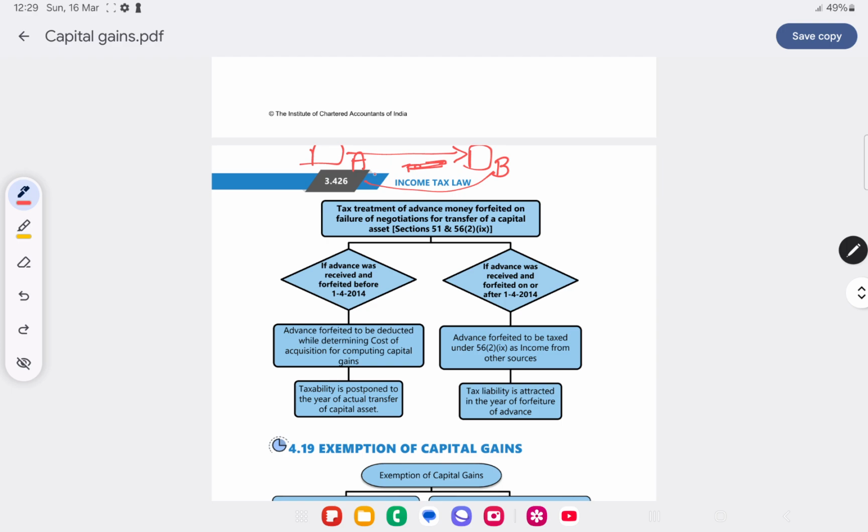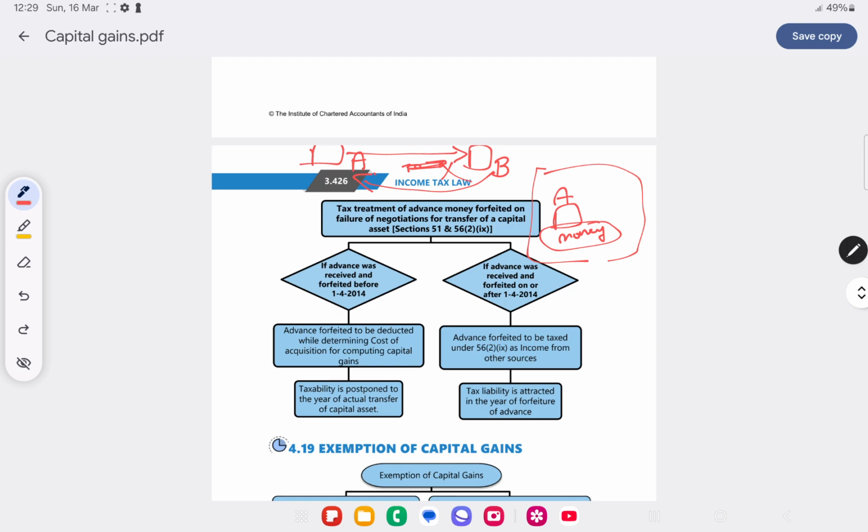A has taken some money from B. This is the tax treatment of advance from failure of negotiation. Now the agreement has failed, and A forfeits the amount. So A has a capital asset, A has money received in advance, and A forfeits that money. Now what will happen in this?